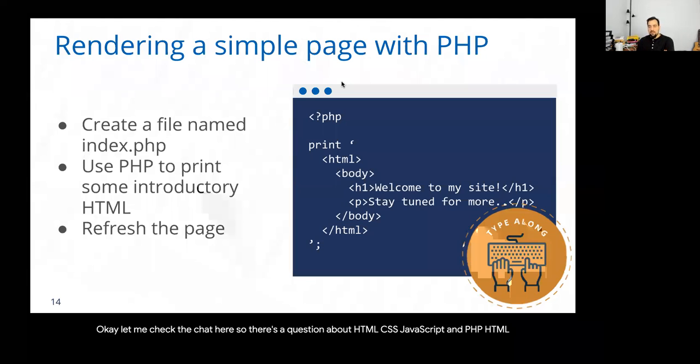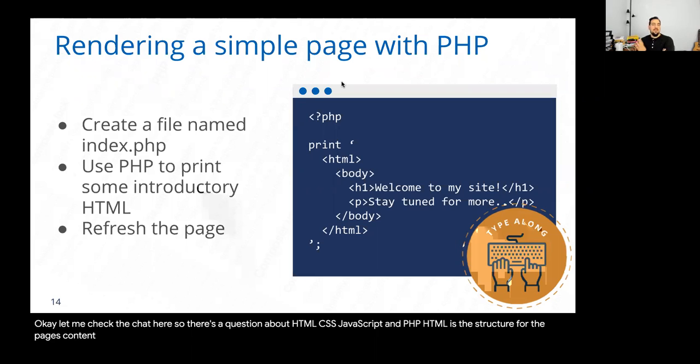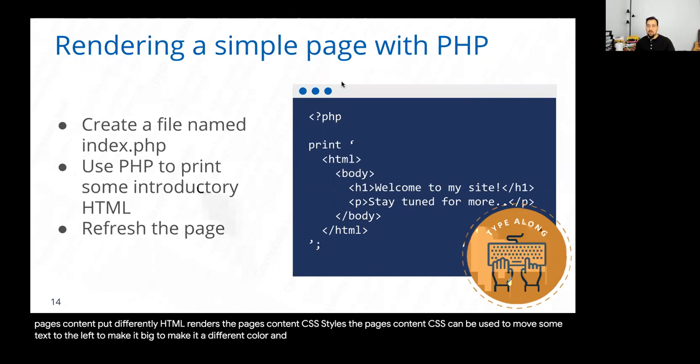HTML is the structure for the page's content. Put differently, HTML renders the page's content. CSS styles the page's content. CSS can be used to move some text to the left, to make it big, to make it a different color, and so on.